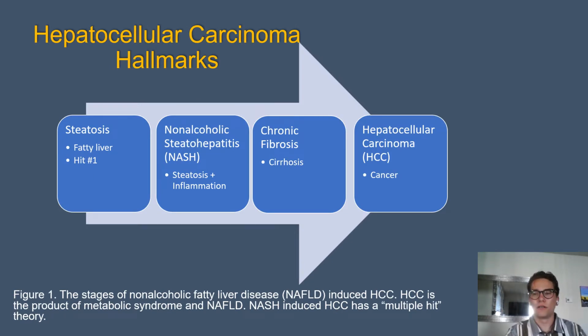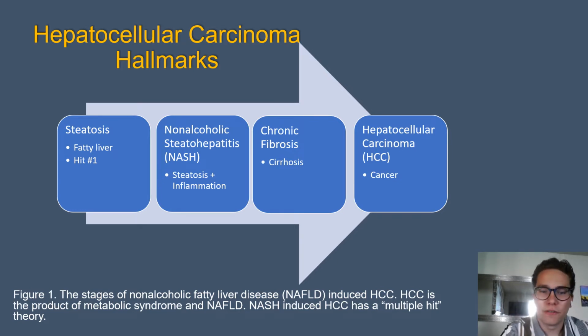So the hallmarks for HCC: first it's steatosis, which is a fatty liver. And then when that fatty liver develops inflammation, we define that as non-alcoholic steatohepatitis, which then can develop into cirrhosis, which is chronic liver damage with scarring. And then finally we have HCC, or the cancer.